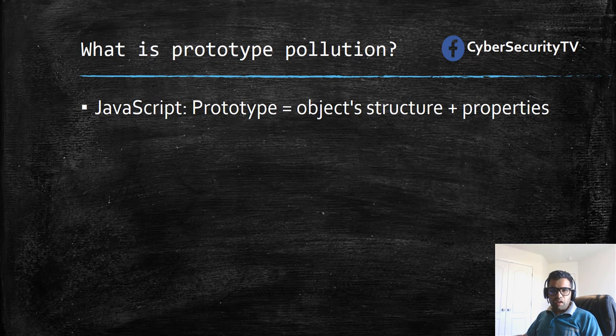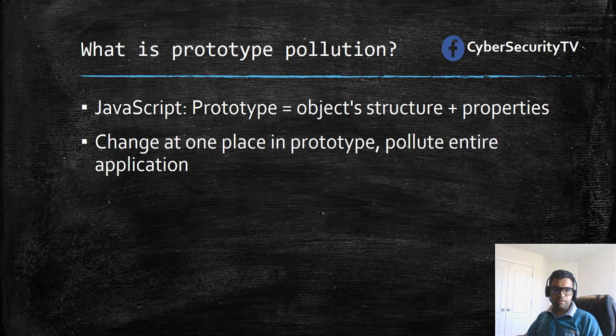But it turns out that if you modify the prototype in one place, it will affect how the objects work throughout the entire application. So a change in one place of the prototype pollutes the entire application. For example, let's say we created one constructor, person, and person has two properties, first name and last name.